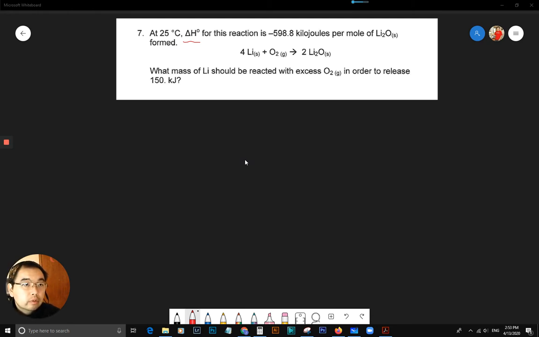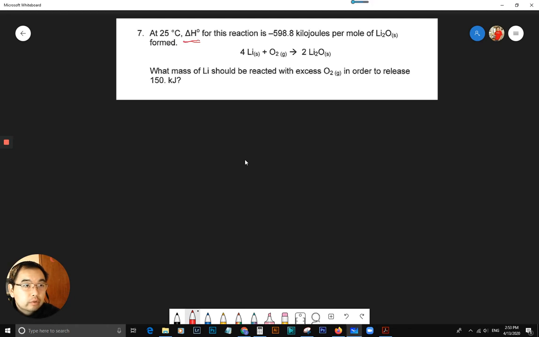Okay, for this question, it already shows we know there's a change of the enthalpy for this reaction and produce that much of the kilojoule of the heat per mole of the lithium oxide. So we already find the relationship between the heat and the mole of the lithium oxide. And we know the chemical reactions.